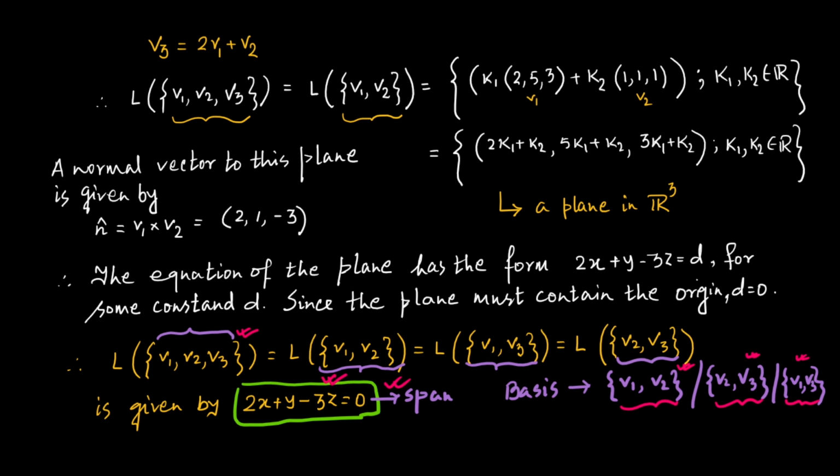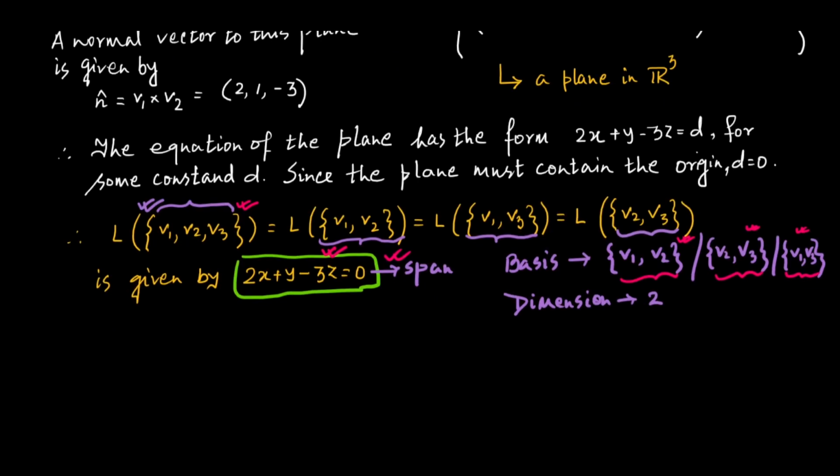So these are the basis, and you can understand the dimension of the span here. What is the dimension? The dimension of the span here is actually 2 because each of the basis is containing two elements, two linearly independent vectors. So the dimension of the span is 2. So we have seen that I was having three vectors, but these three vectors are spanning a two-dimensional space.